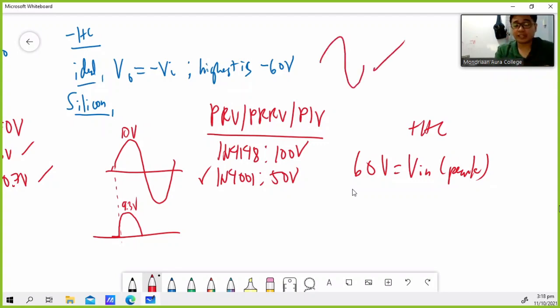Kasi nga, nag-conduct na siya in the negative half cycle. In the positive half cycle in this case. So, ang pasok dito is yung 1N4148. Bakit? Kasi 100. Kailangan, maabot niya muna yung 100 bago siya mag-conduct in the reverse direction. Okay? So, ito yung choice natin dapat, yung 1N4148 for this particular example.